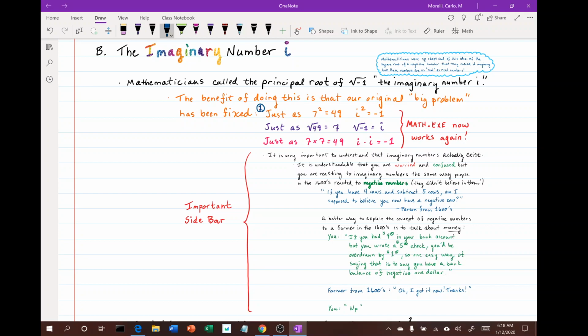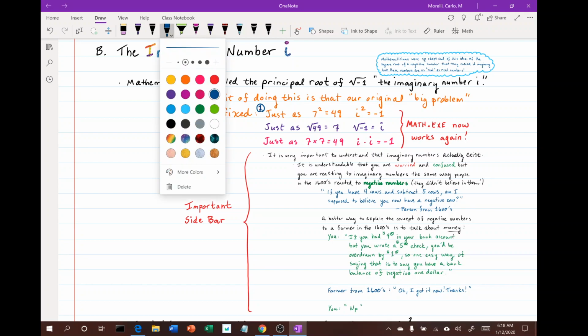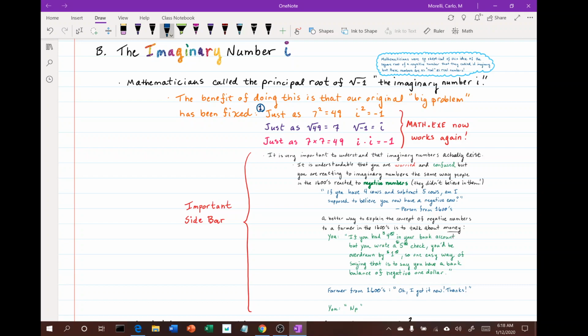Just as 7 squared equals 49, i squared equals negative 1. So what does that look like? What that means is i times i equals negative 1. And that means i squared equals negative 1.